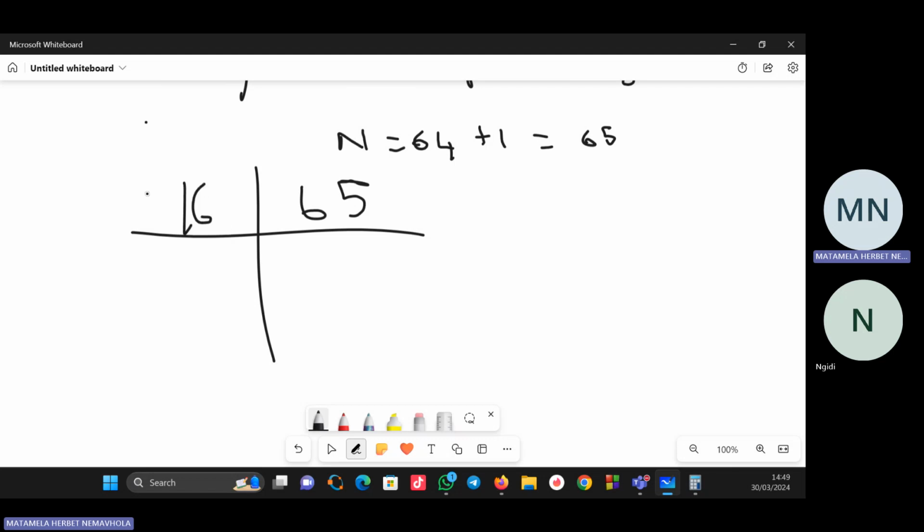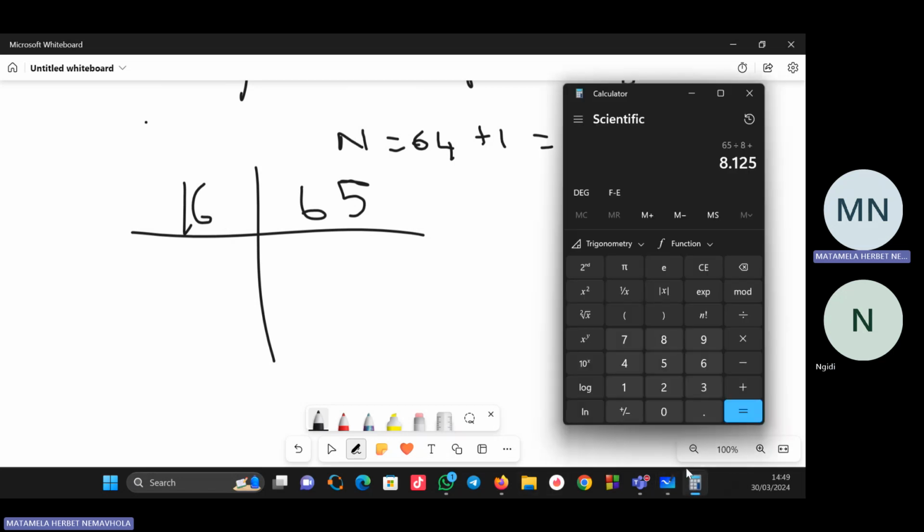16 is for hexadecimal. You just check in your calculator. Let me erase here. You can just say 65, you divide it by 16, and you check the remainder. 65 divided by 16 is 4.